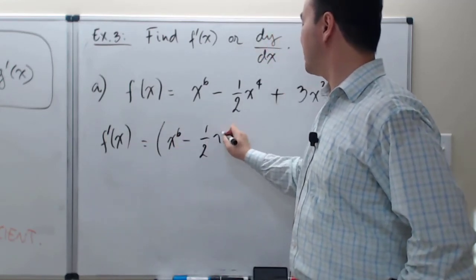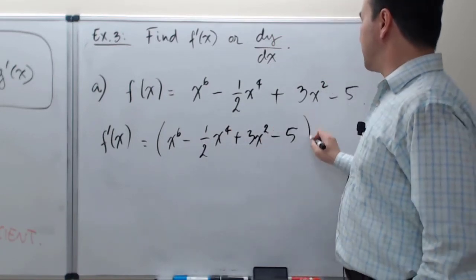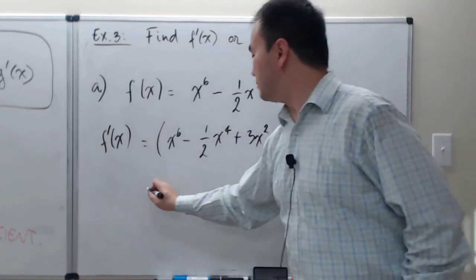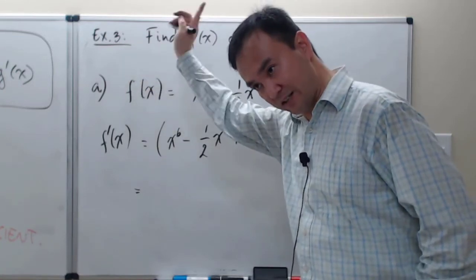I'm just gonna put up some general instruction. We're gonna find an overall power of the whole thing like this. And now sum and difference rule, I'm using that interchangeably together at the same time.